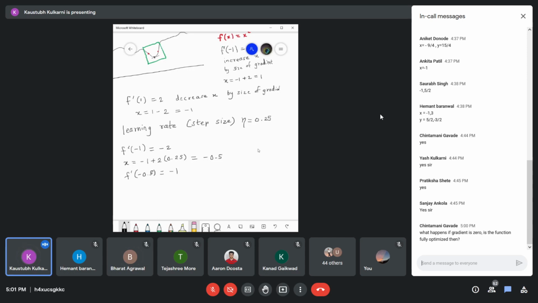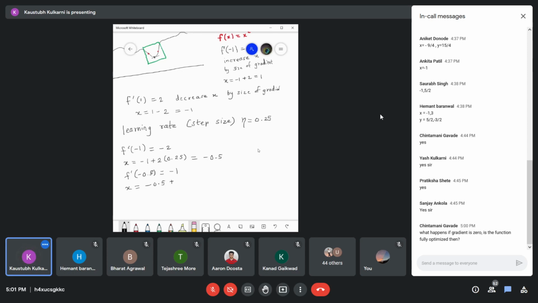Still, the derivative is negative. The function is still decreasing. Keep moving in the same direction. X is -0.5.